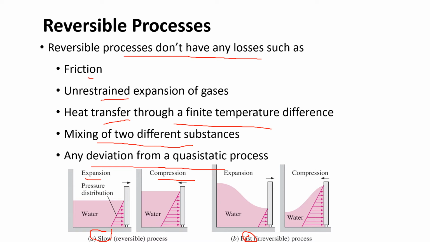But if we do expansion and compression faster, at a high speed, it becomes more irreversible, so the work done will be higher. So this is not efficient. Here the work for expansion and compression is nearly equal, whereas in an irreversible process, the work of expansion and compression has a big difference or gap.